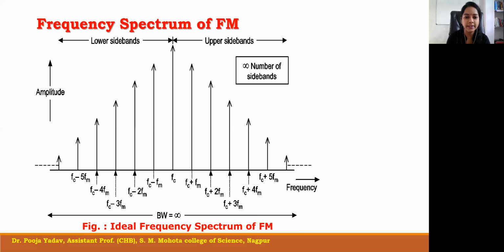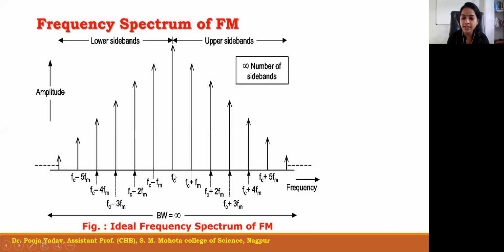So this is the center frequency. FC is the carrier frequency, which is the original frequency we have taken, say 15 kilohertz, a high frequency. So this is FC. Now we will have all these frequencies which arise according to the change in amplitudes. They are called the sidebands.